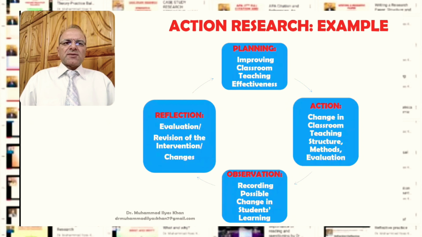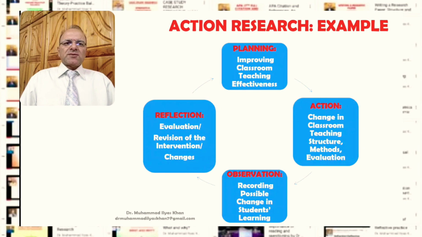So in several cases, there will be more than one cycles of the planning, action, observation, and reflection that are generally involved in the action research project to ultimately lead to the improvement in the classroom teaching, or to actually locate and improve the effectiveness of the classroom teaching.